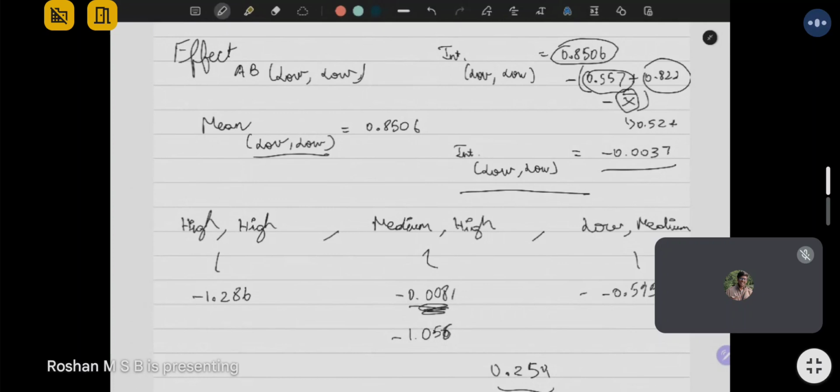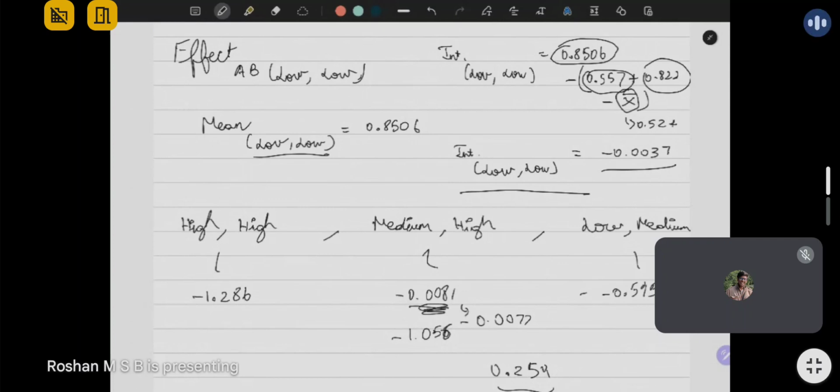So for medium high, it's around minus 0.0077. Yeah, it's pretty close to 0.0081, so that's not an issue. This is the correct answer.